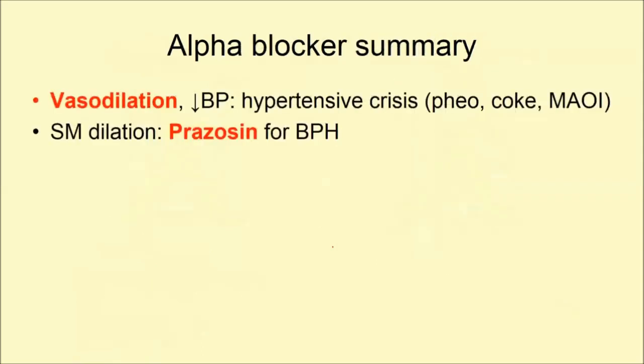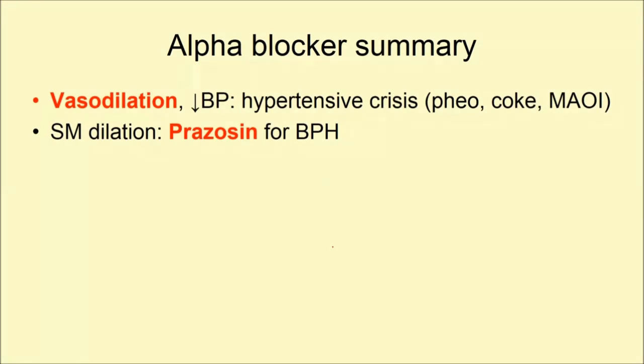All right. Okay, so when you have an alpha blocker, again, blockers are used in cases where there is too much activation. So if your blood pressure is really high due to abnormal vasoconstriction, you want to revert that by vasodilating, blocking alpha receptors.